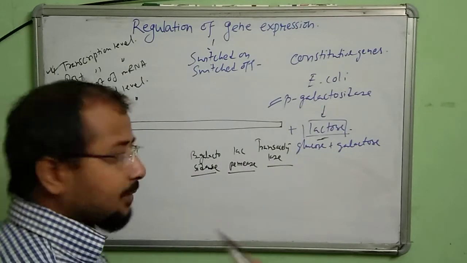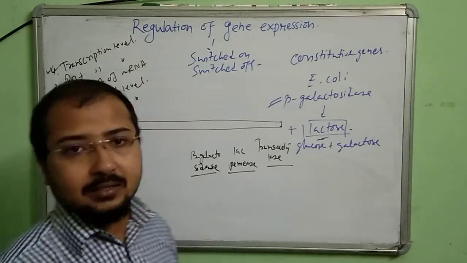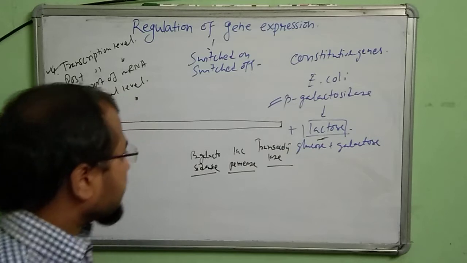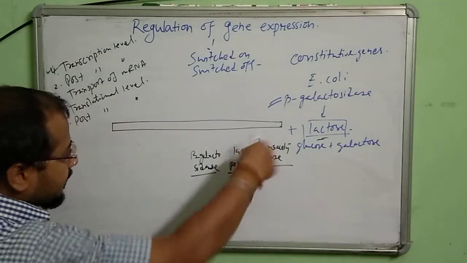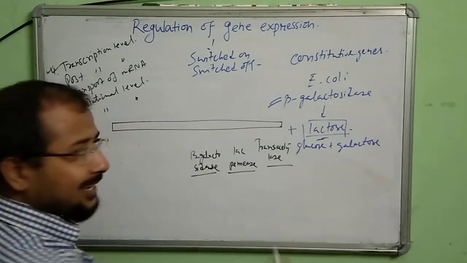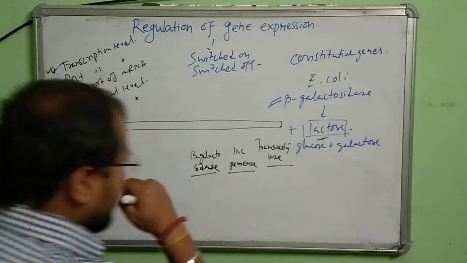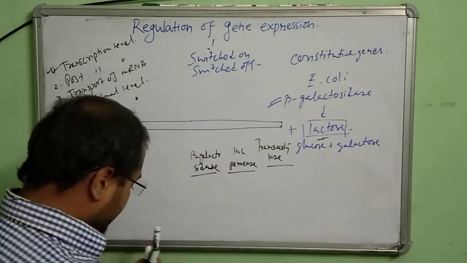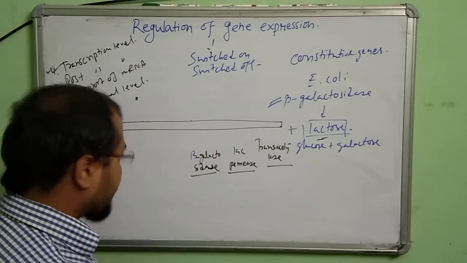Now remember that these enzymes are nothing but proteins. So in this DNA, there are specific genes which are required to produce these enzymes. What are those genes? Here there is a gene present. I am just indicating the genes with the red one.